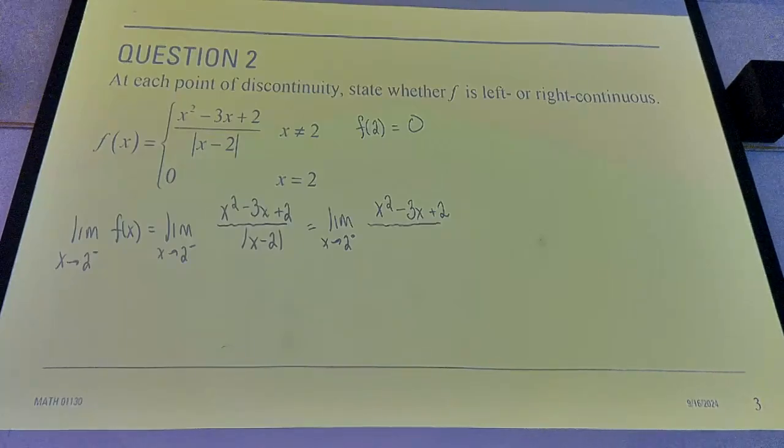We're approaching 2 from the left. What do we know about the values of x minus 2? They're going to be less than what? I agree the values of x are less than 2. What about x minus 2? Right, they'll be negative. So absolute value of x minus 2 becomes 2 minus x.